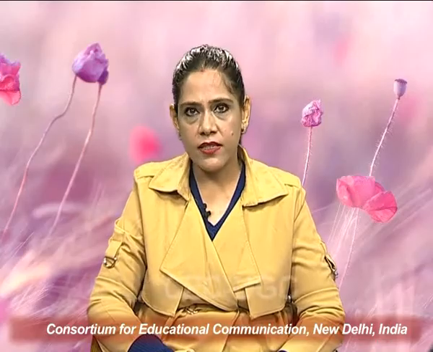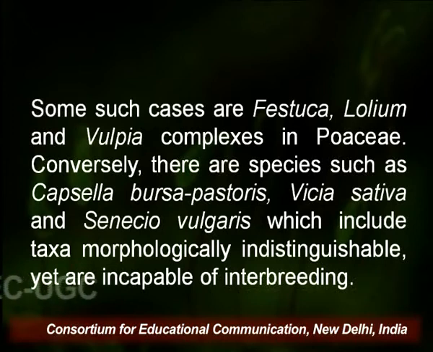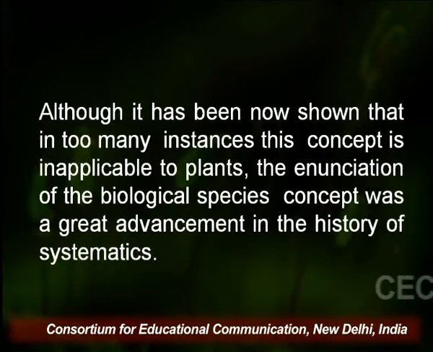Some such cases, for example, are the Festuca, Lolium, and Vulpia complexes in Poaceae. Conversely, there are species such as Capsella bursa-pastoris, Vicia sativa, and Senecio vulgaris, which include taxa morphologically indistinguishable, yet they are incapable of interbreeding.